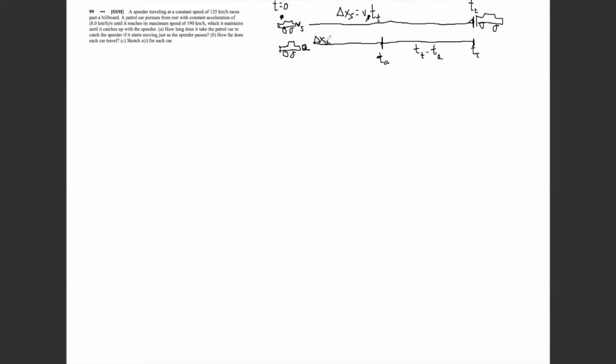So delta X A is going to be 1/2 A TA squared. And then eventually it's going to hit that max speed. I'm going to call that distance delta XM for the max, when it's at its max speed.